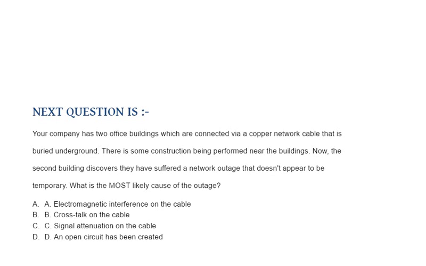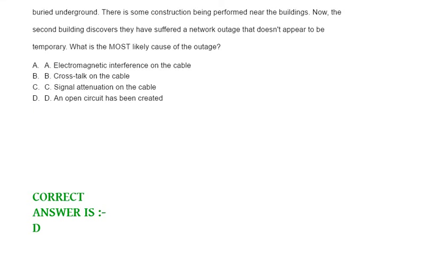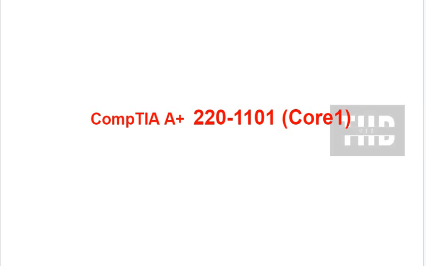What is the most likely cause of this outage? Option A. Electromagnetic interference on the cable. Option B. Crosstalk on the cable. Option C. Signal attenuation on the cable. Option D. An open circuit has been created. Correct answer is option D.